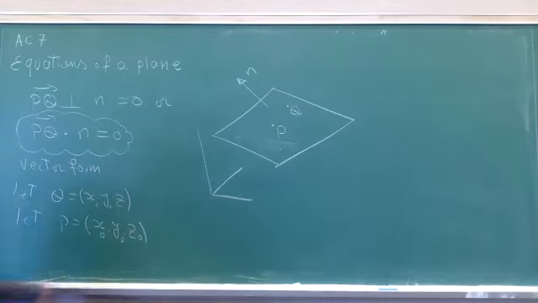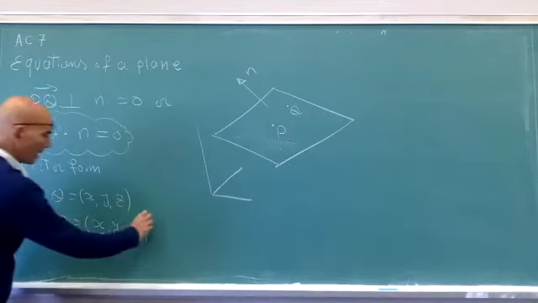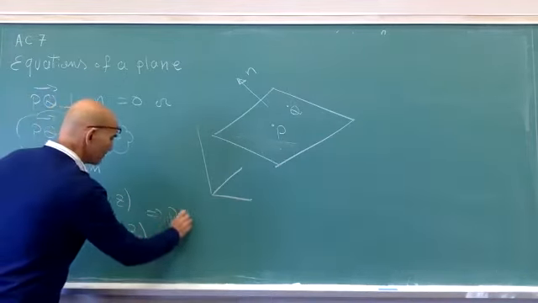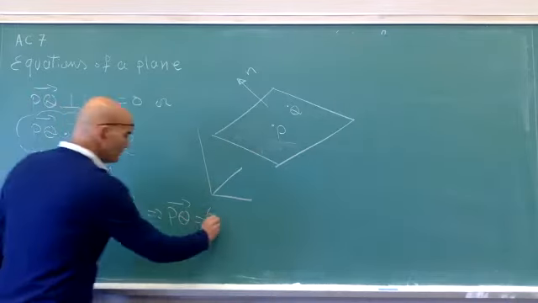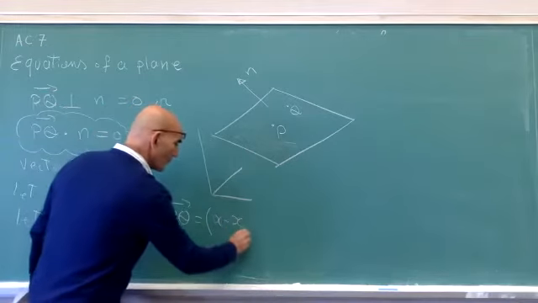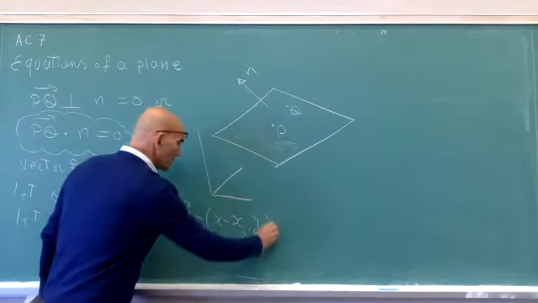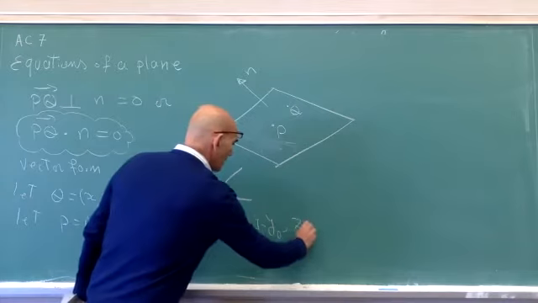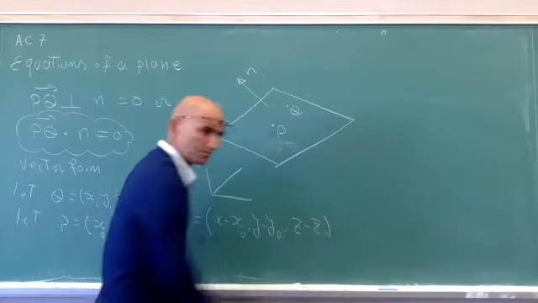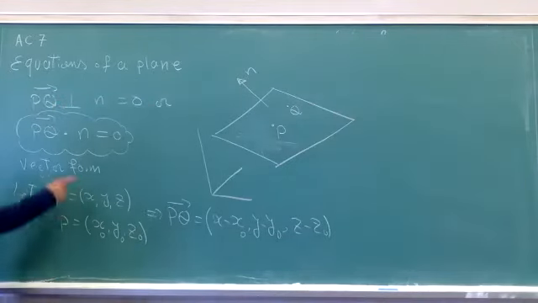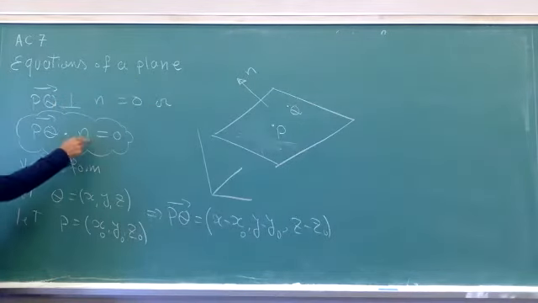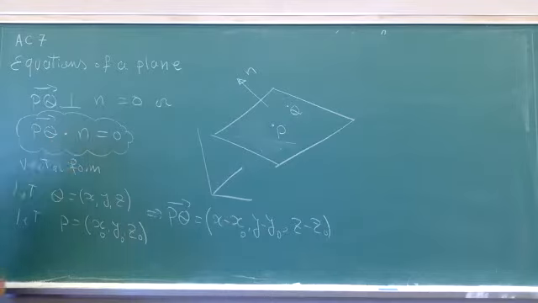Then from these two, we get that the vector PQ is x minus x0, y minus y0, and z minus z0. Now we are demanding that this vector PQ be orthogonal to the vector n.